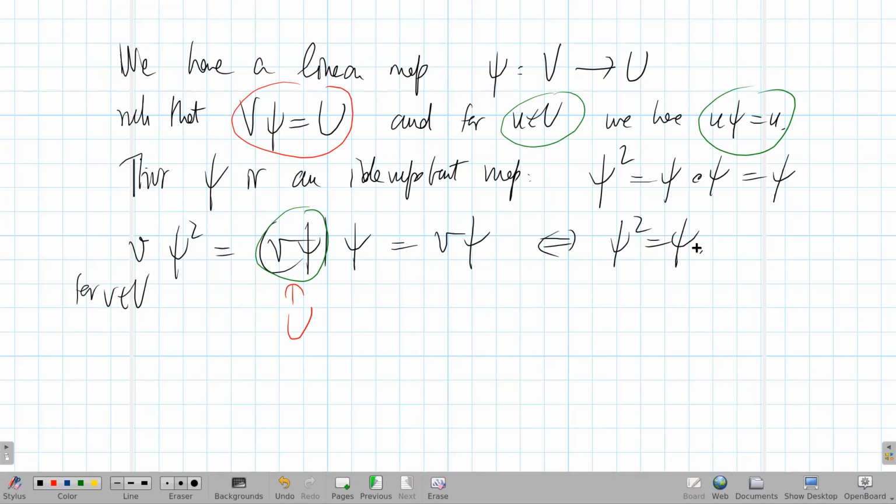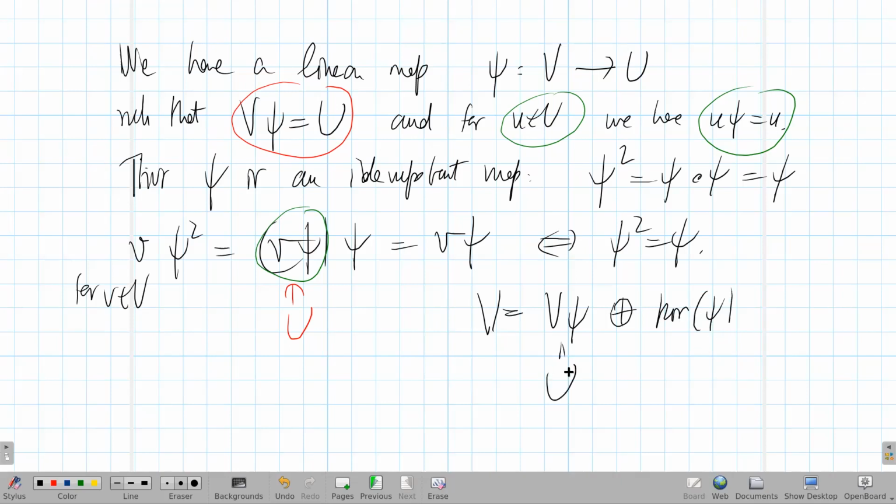This is something we learned in linear algebra, but you can find it in the preliminaries if you need to refresh this. So since this is an idempotent, we will have that V is the direct sum of the image of Psi and the kernel of Psi. This is an elementary fact.